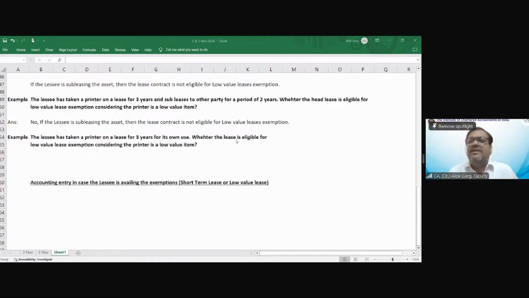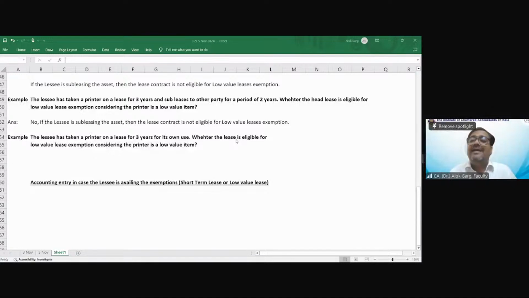Doesn't matter whether the lease period is 10 years, 15 years, 2 years, 6 years, or 6 months. You have to see the nature of that item. If that item is of low value, you can take a low value exemption irrespective of the lease period.